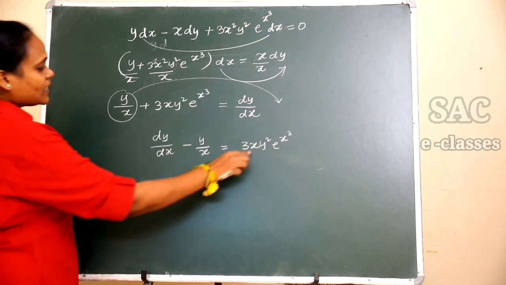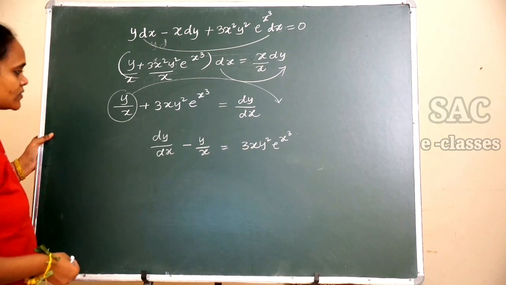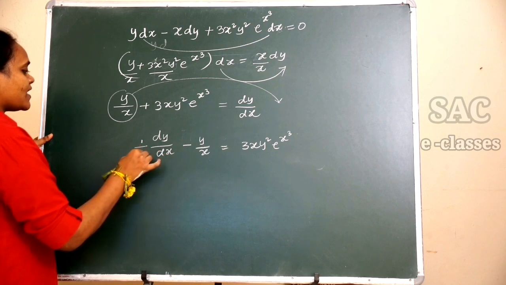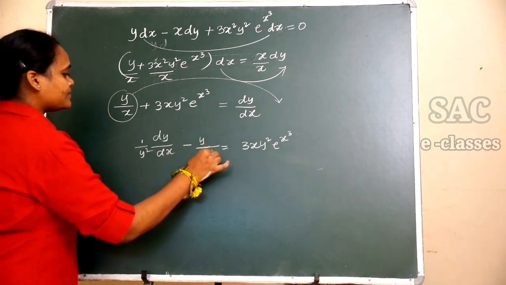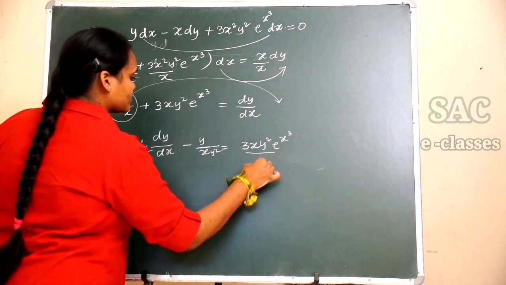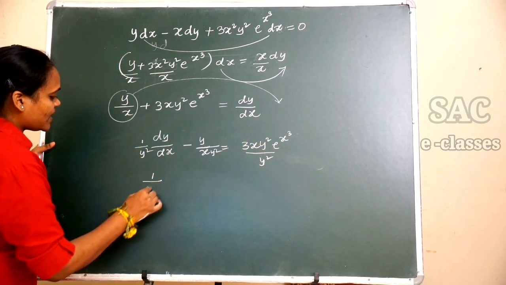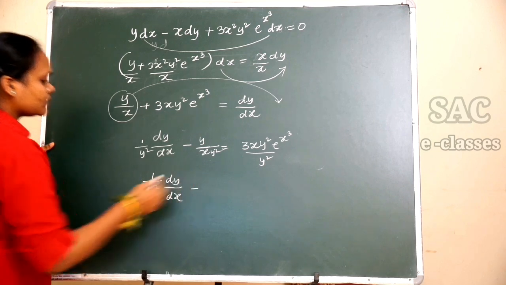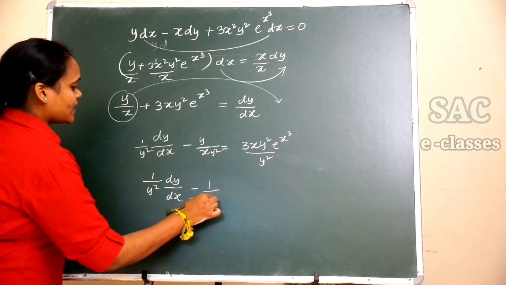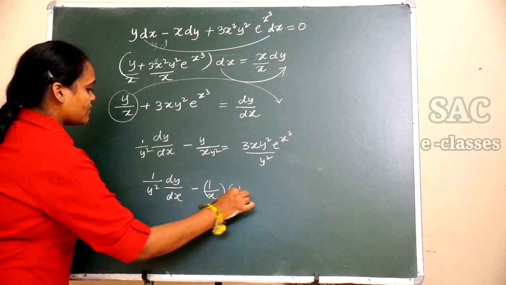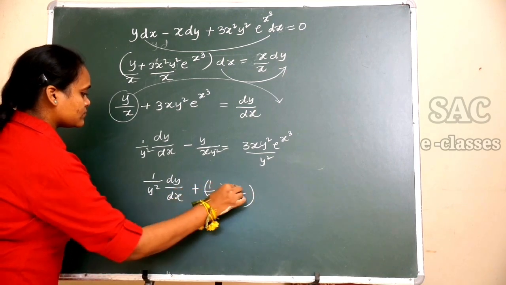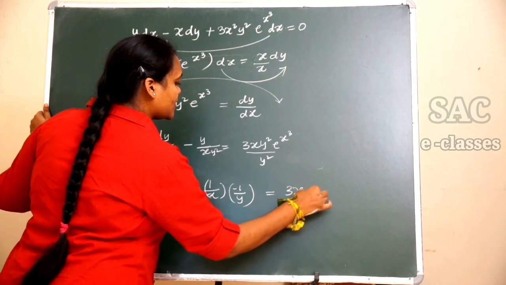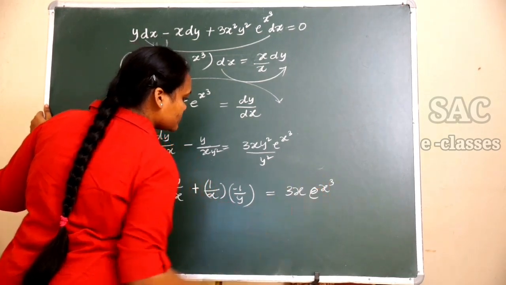But it is not in terms of variable x. So I am going to eliminate this y square by dividing with y square on both sides. Now 1 by y square dy by dx minus 1 by x into 1 by y is equal to 3x into e power x cube.